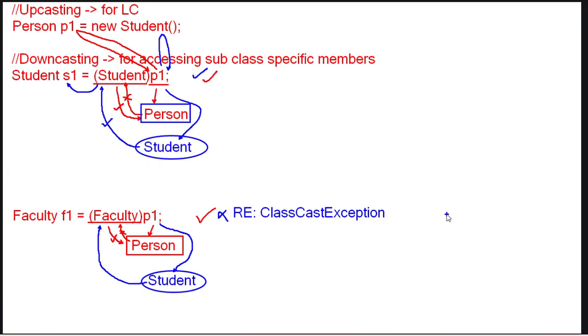In any one of the directions, if an IS-A relation exists, the compiler compiles the downcasting. Else, the compiler throws an error.